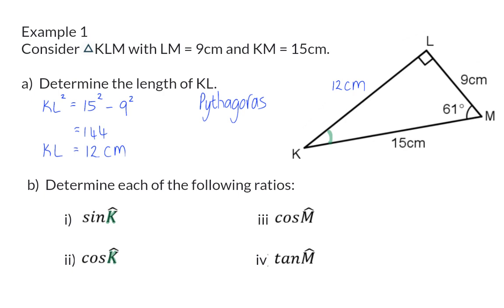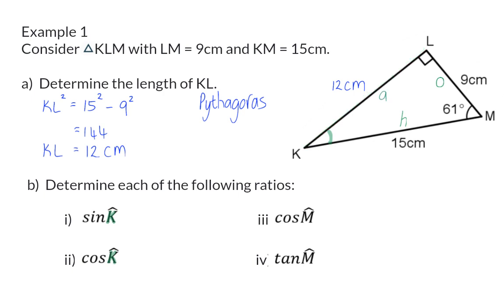The hypotenuse will always be the hypotenuse. Doesn't matter what your perspective is. But from angle K, the side right across from it, the opposite side, will be side LM. And its adjacent side, the one touching it, will be side KL.